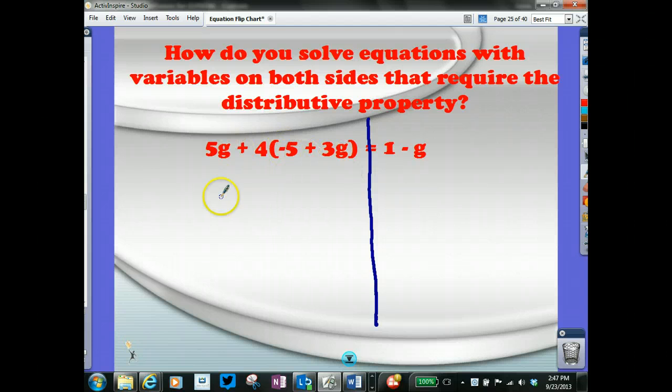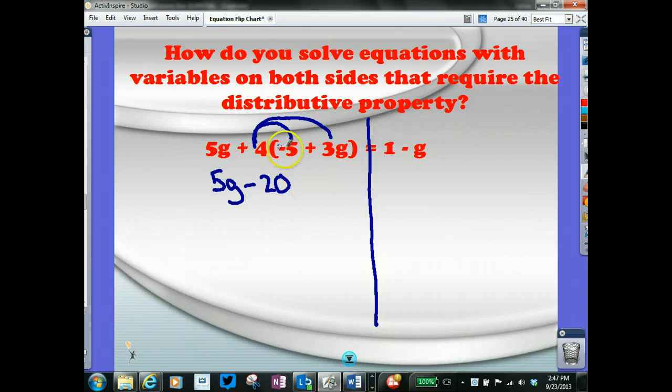Well, in this case, it's just like what we were dealing with multi-step equations. I'm going to say, okay, 5g, not doing anything with it. But now I am going to do something with this positive 4. 4 times a negative 5 is minus 20. Positive times a negative.